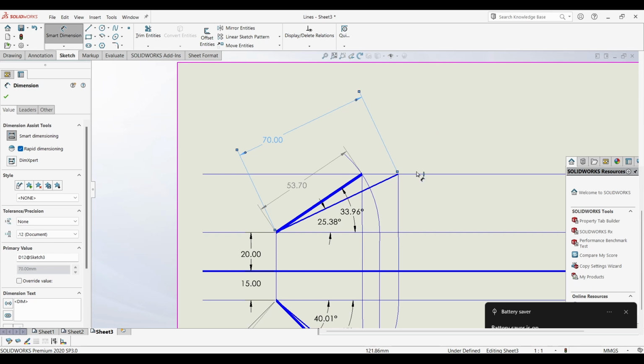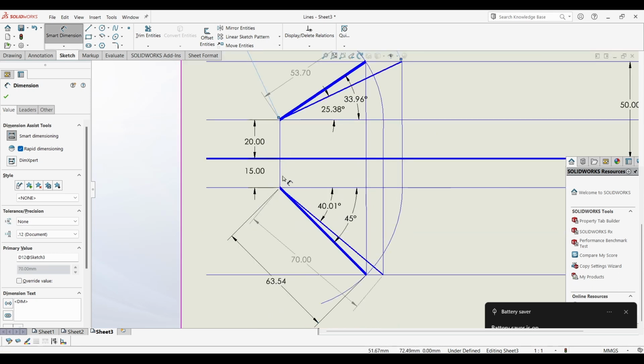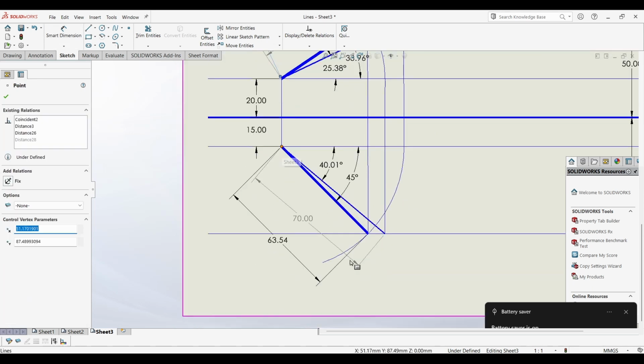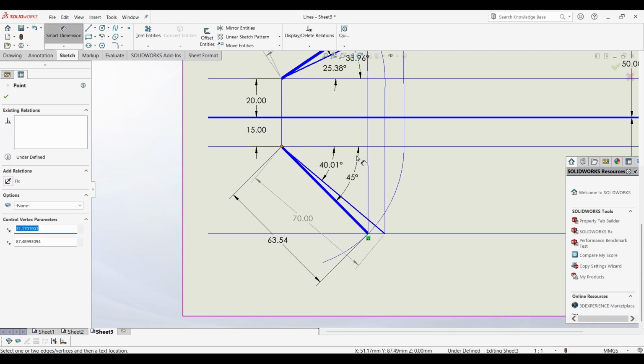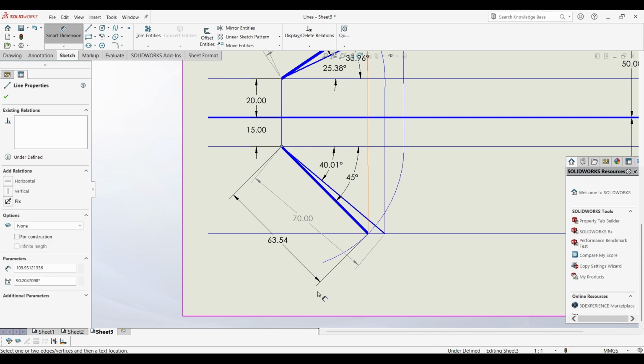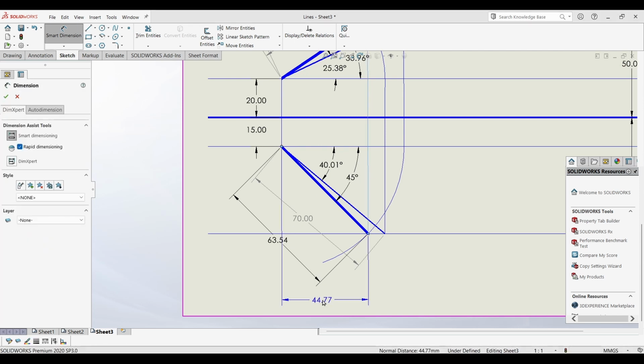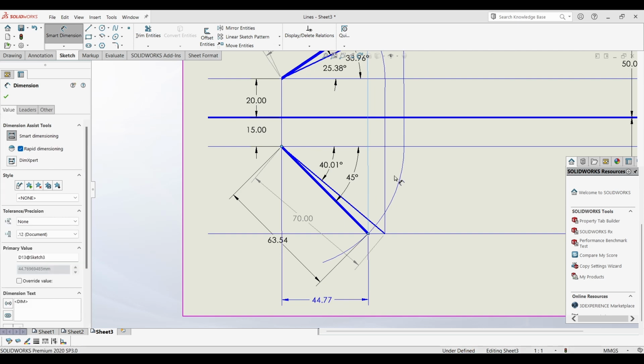After doing this, we need to do the distance between end projections. So the distance from this point to this line, 44.77 is what I got. Is this thing right?